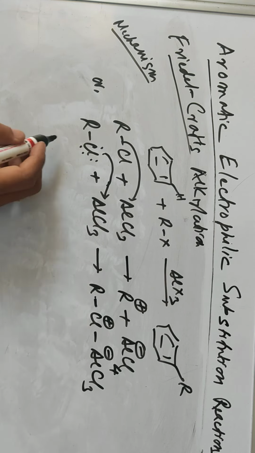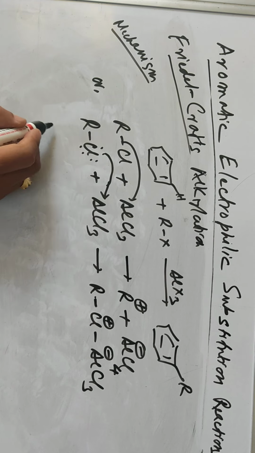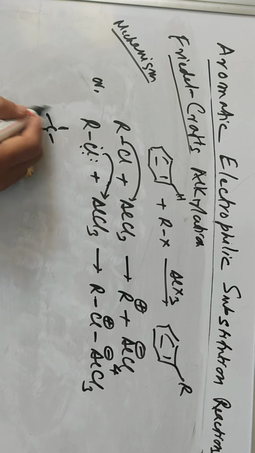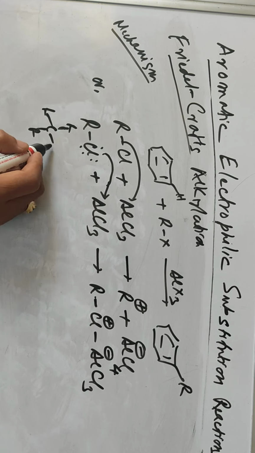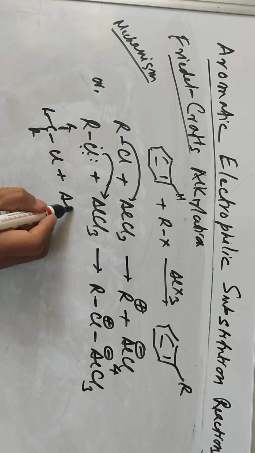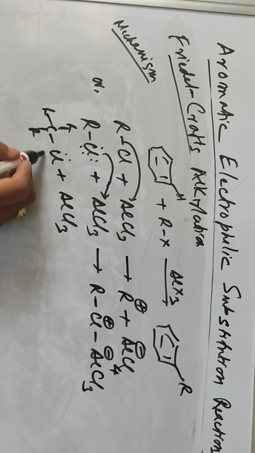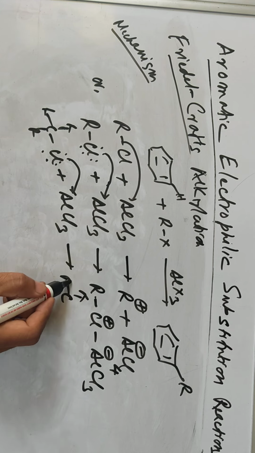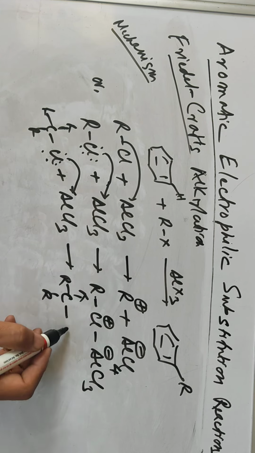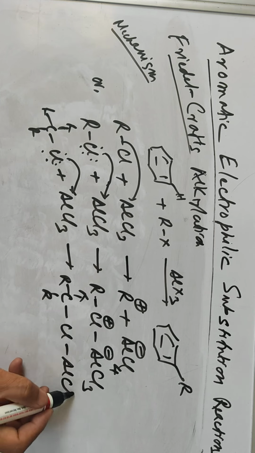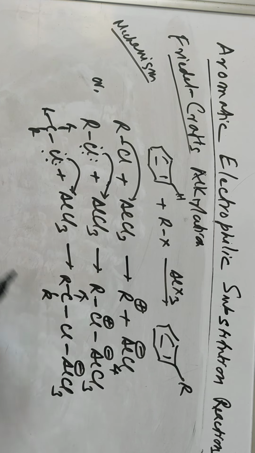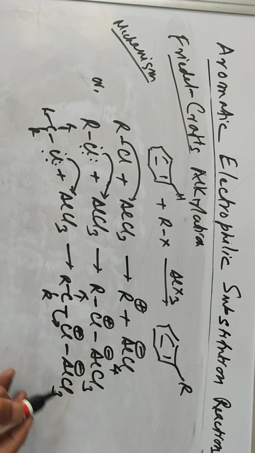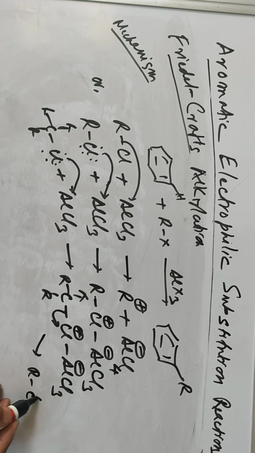But in some cases, if the alkyl group is very bulky, like R, R, R, then we can have a similar reaction. With Cl and AlCl3 negative, the carbon shall become positive, and a carbocation is formed, because it is very stable.